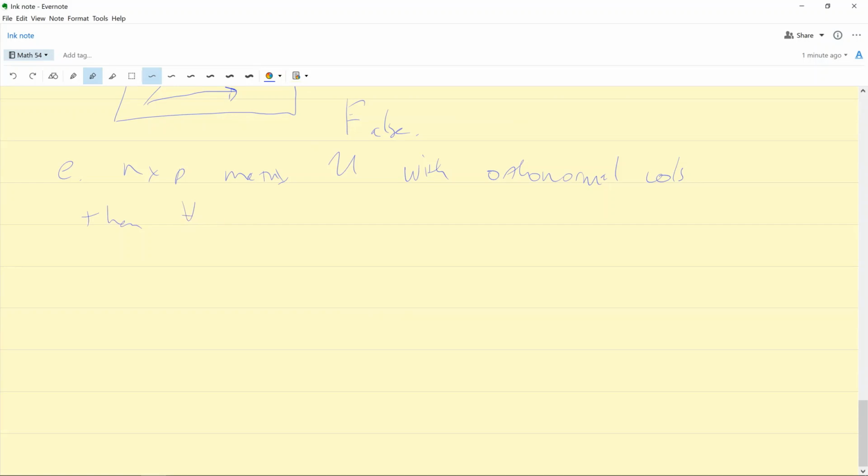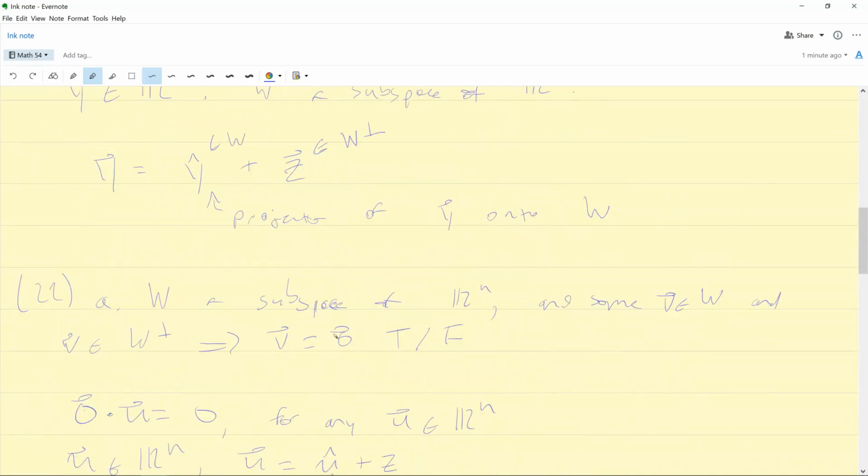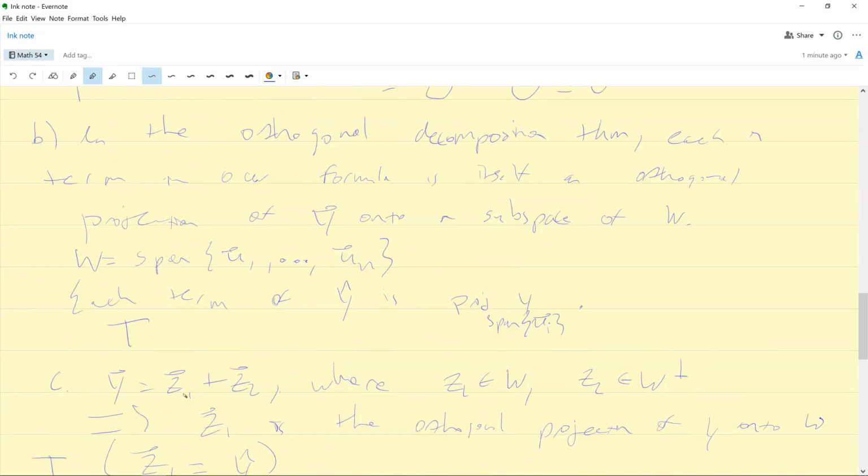Then for all x in Rn, we have that U times U transpose x is equal to x itself. So what does this quantity UU transpose x represent? As I mentioned earlier, this is a nice way to actually compute this projection. So this is going to be a projection of x onto W, right?